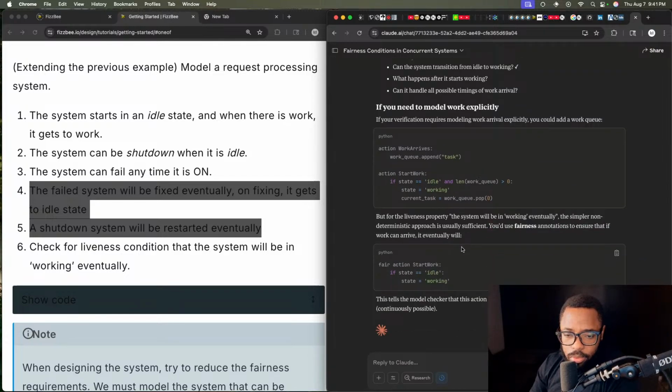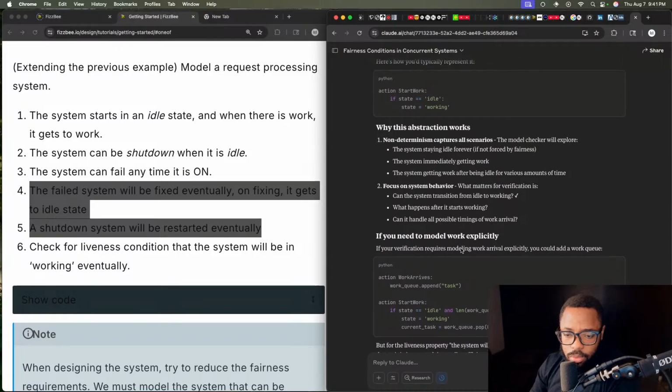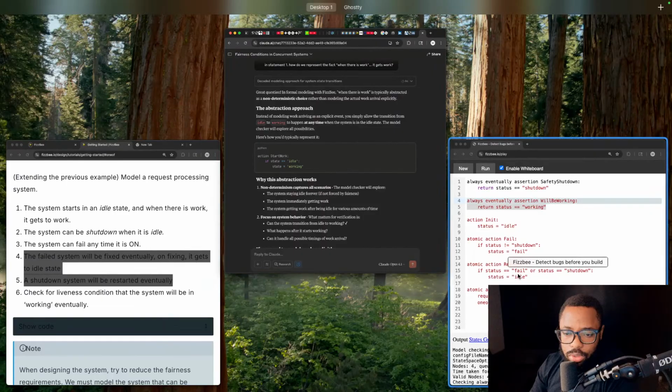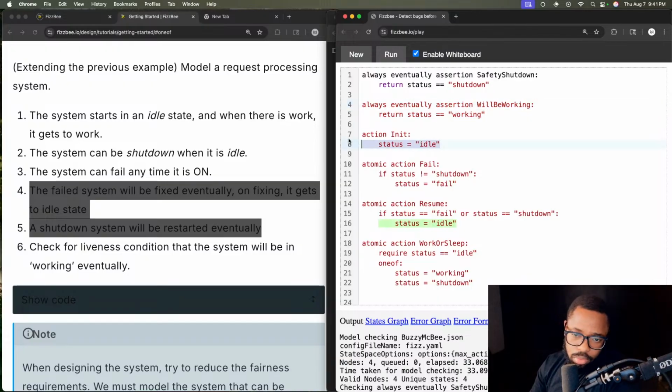No, we're not doing that. Okay, we're not doing a worky thing. Keep it simple. Can a system transition from idle to working? That's a good question. As things stand, there's no fairness being applied here, so yes, we'll definitely not be compliant with these invariants in that particular case.